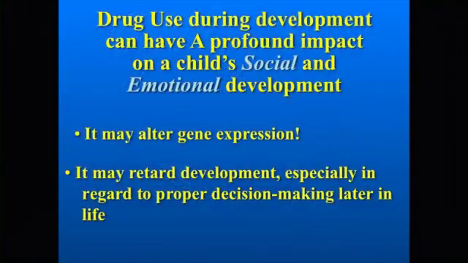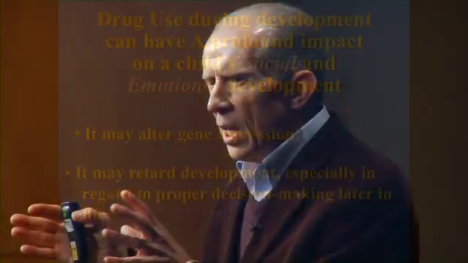So the way the brain develops has a very profound effect on the social and emotional development or ultimate consequence. So if an adolescent takes drugs during the development of these critical functions and systems, it turns out that the drugs themselves can change the way genetics expresses.